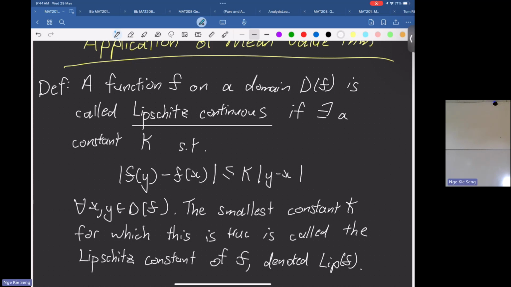For every epsilon greater than 0, there exists a delta such that if |x minus y| is less than delta, then |f(x) minus f(y)| is less than epsilon. Do we have continuity here? So fix an epsilon. Do you have a delta you can pick?